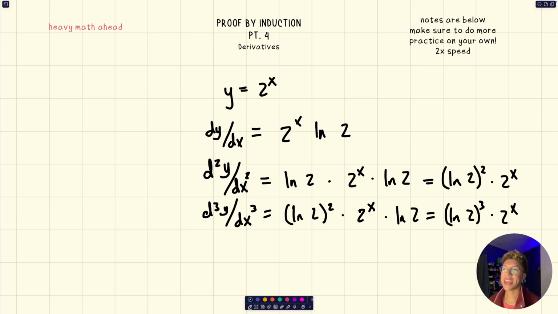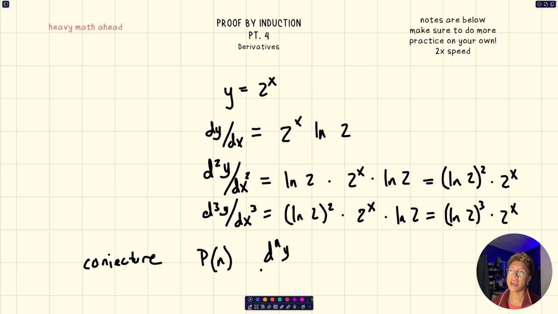The idea we're trying to illustrate here is that we can make a conjecture, or we can write a proposition. And so our propositional notation says P sub n or P of n. And for calculus, we're saying the nth derivative. So I'm going to say d to the n of y over dx to the n power.